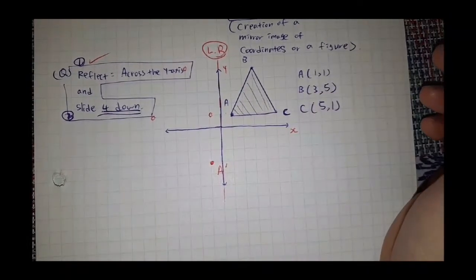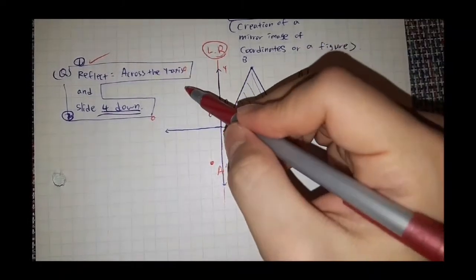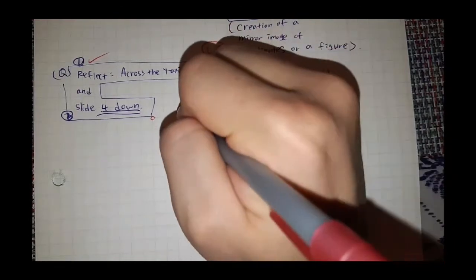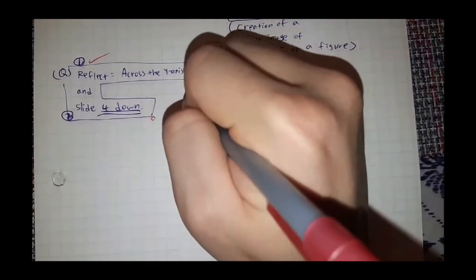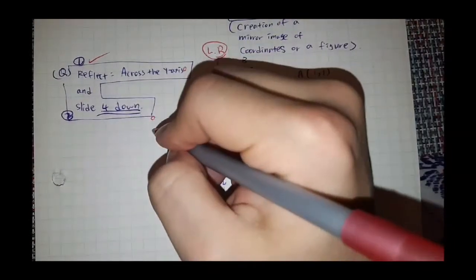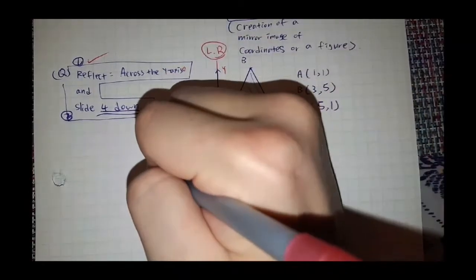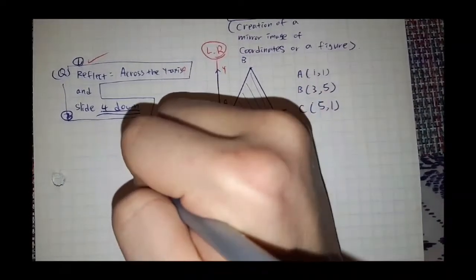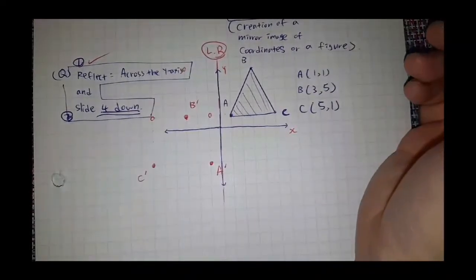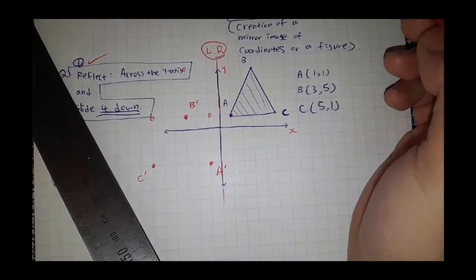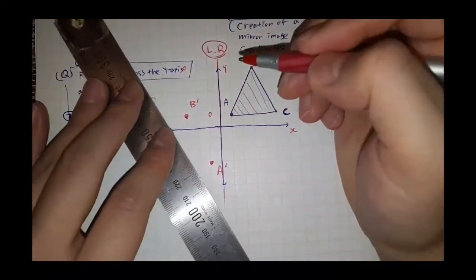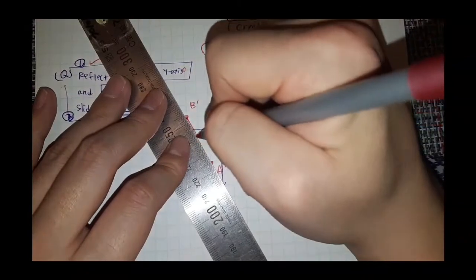Now I'm going to create the whole thing. 1, 2, 3, 4 down. B prime. 1, 2, 3, 4 down. C prime. So, once you have it, now this is a time where we're going to connect the whole thing.